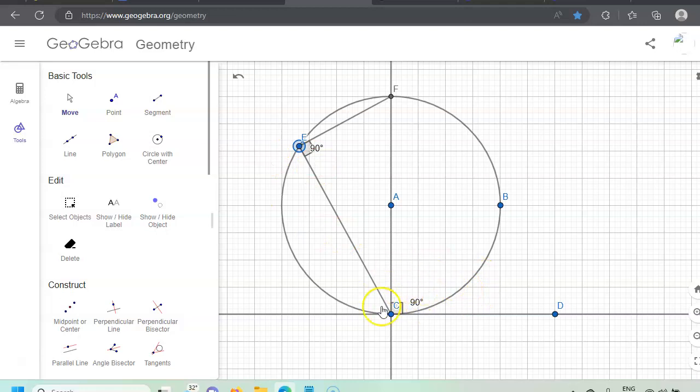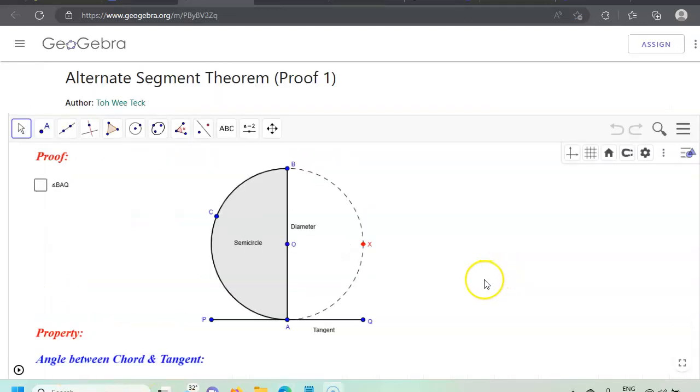And the angle formed between the chord AC and the tangent line CD is also 90 degrees because any line that passes through the point of contact is perpendicular to the tangent line. Okay, so thank you for staying.